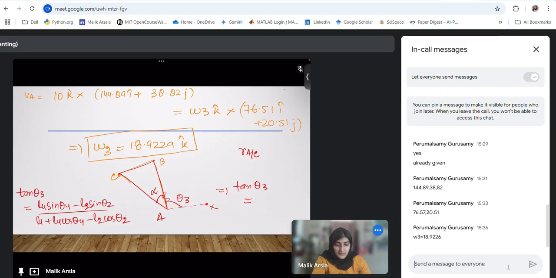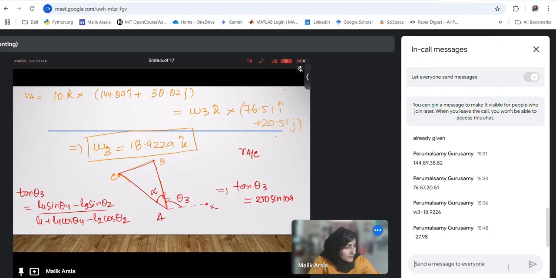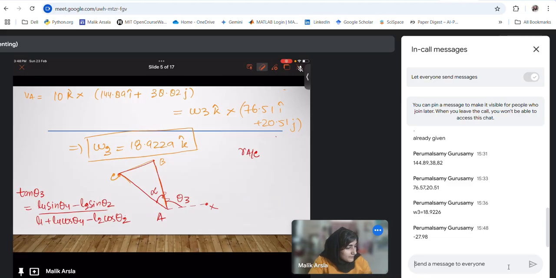Did anyone get it? So it is 250 sine of 109.85 minus L2, which is 150 sine of 15 degree, upon L1, which is 75, plus L4 cos theta 4 minus L2 cos theta 2.